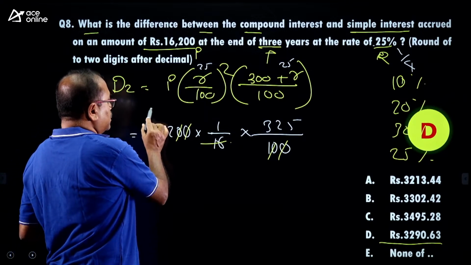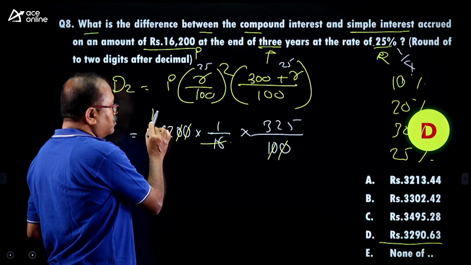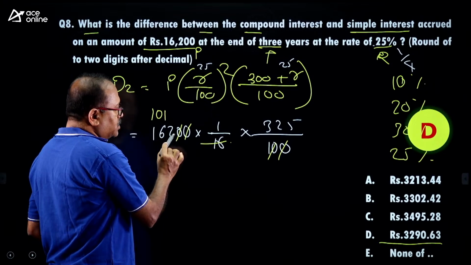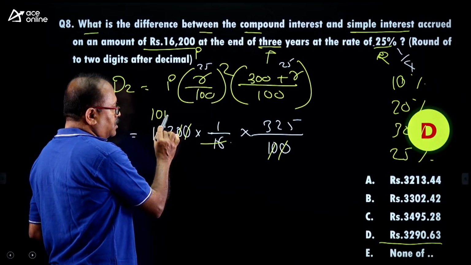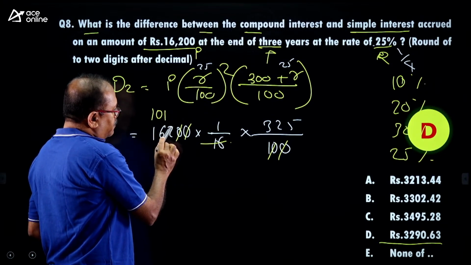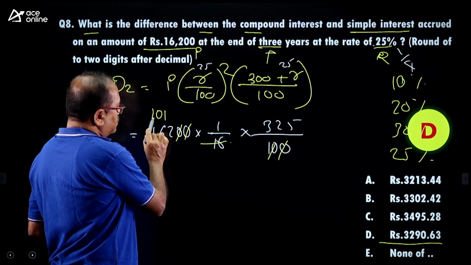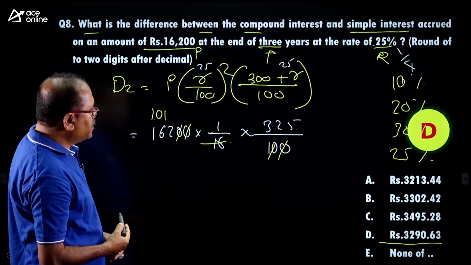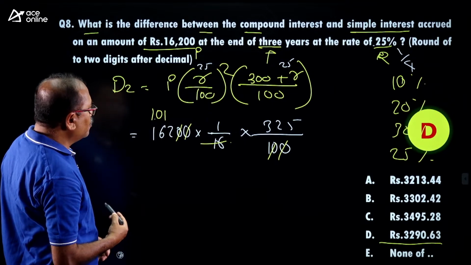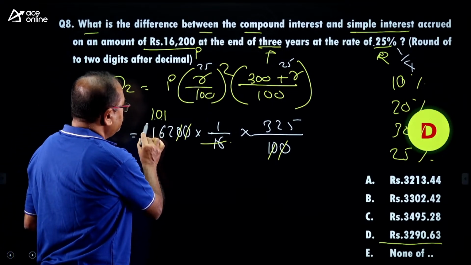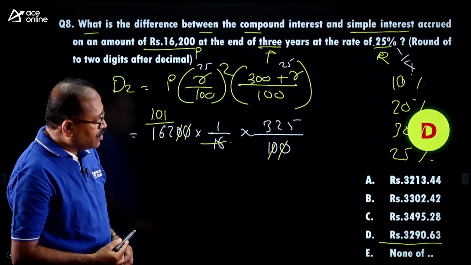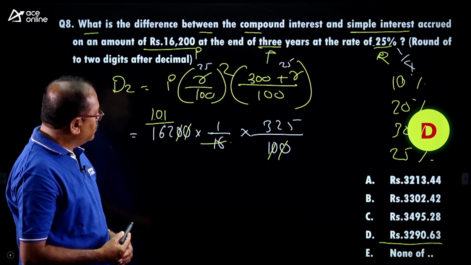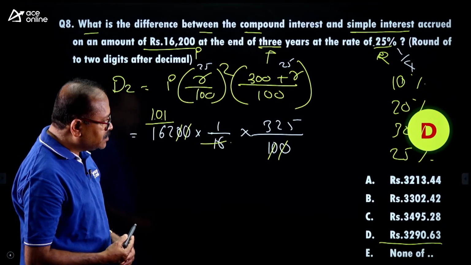So 16, 16, I am left with 2, so 0, and 16, 1, 16, 4 is 10 point.